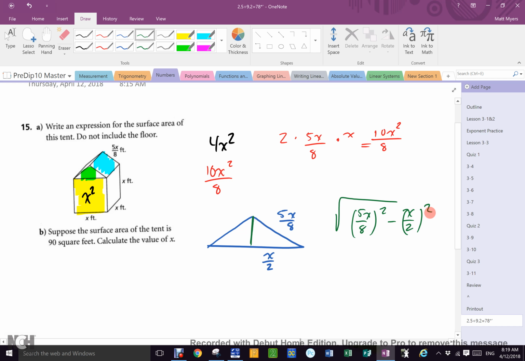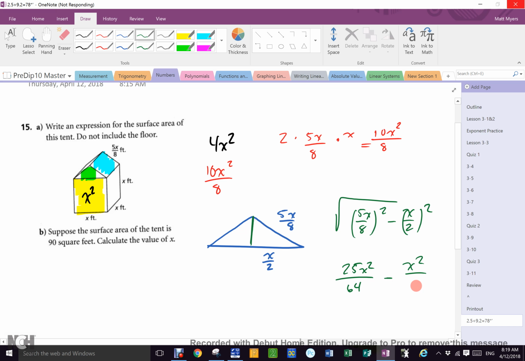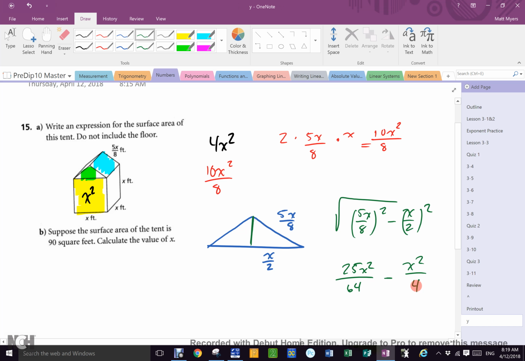Everyone agrees? Okay. So that is 25x squared over 64, yeah? Minus x squared over 4, right? We're still cool? Not quite, because we don't have the whole 4 there. And then all that needs to be square rooted, right?